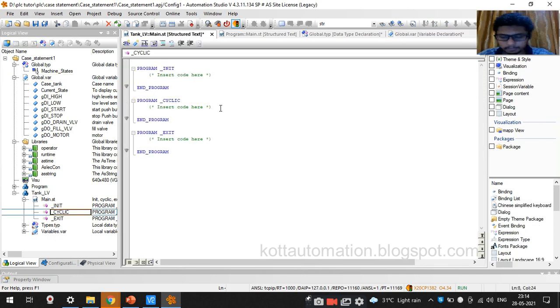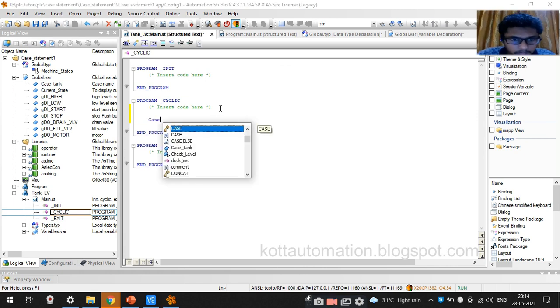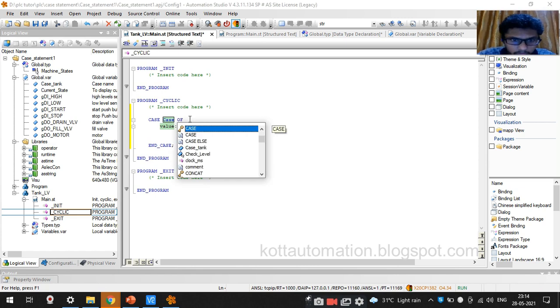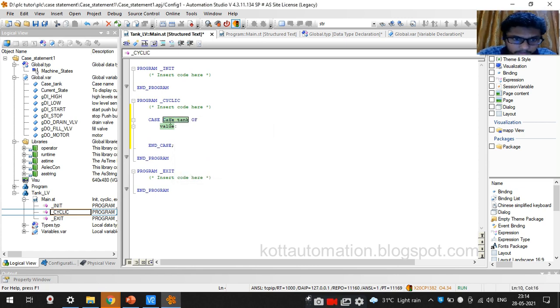So let us start here. Case, select case. This is the syntax of case over here. So here, in the place of variable, we have to define case underscore case tank.